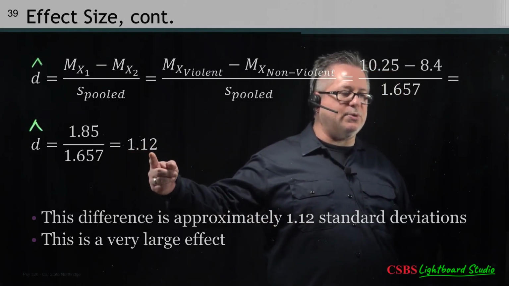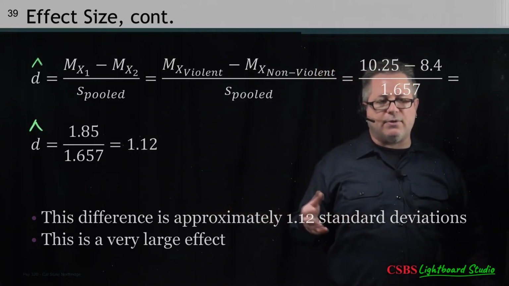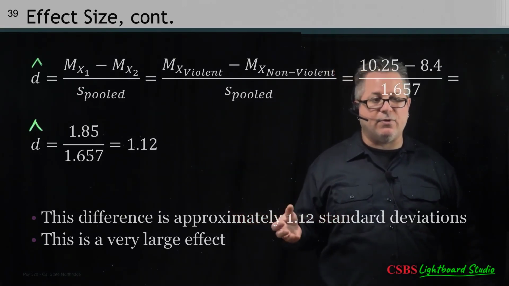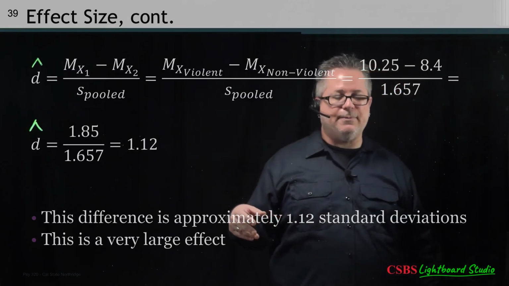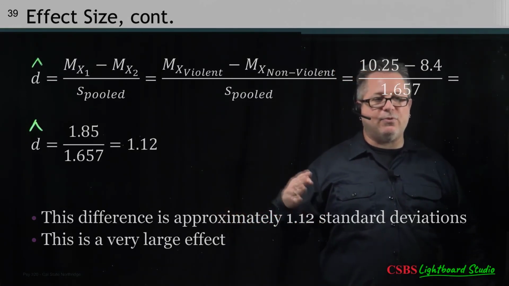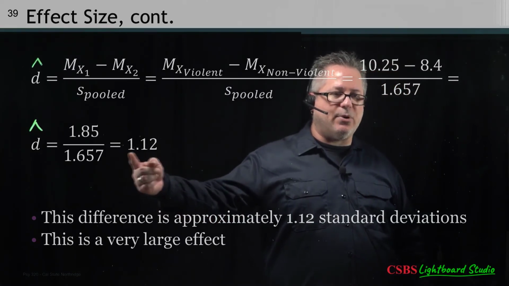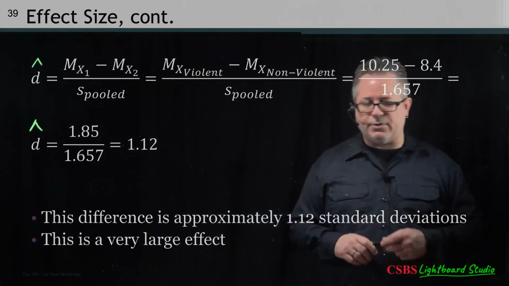We got 1.12 standard deviations apart. So whatever's going on, if playing the violent video game, Grand Theft Auto, is actually affecting aggression, not only is it affecting aggression in a way that's significant, not due to chance, it's actually moving people's aggression 1.12 standard deviations apart from those who are playing Lego City Undercover.